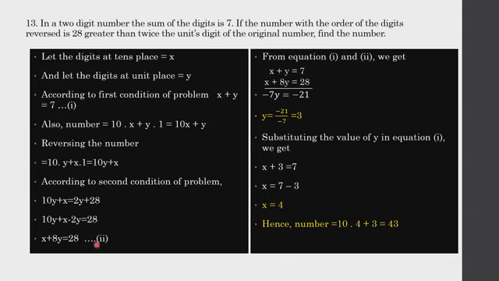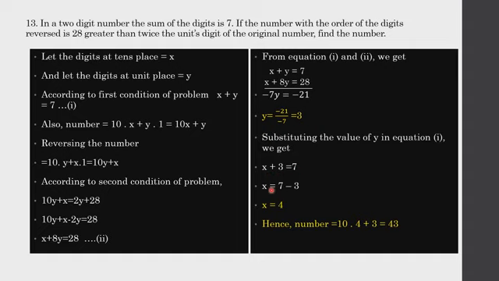Now we'll solve it in a similar manner. From equations 1 and 2, we can subtract. On subtracting you get minus 7y is equal to minus 21. So y is equal to 3. Now we'll substitute the value of y in equation 1. So we get x plus 3 is equal to 7.